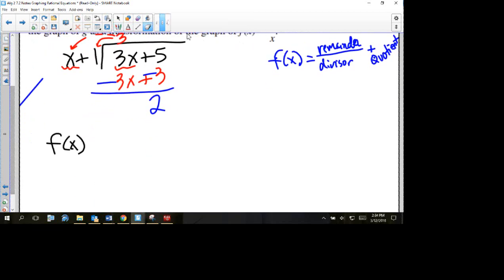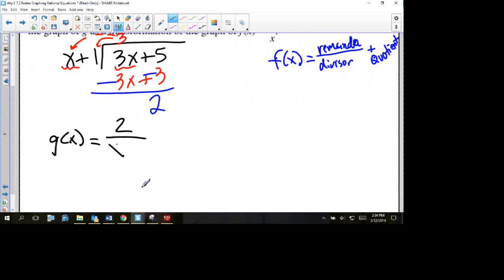G of x, sorry. It's g of x. Our remainder is 2 over our divisor was x plus 1, and then plus the quotient was 3. You just put your remainder over your divisor plus your quotient, and look, it's in that transformed form.